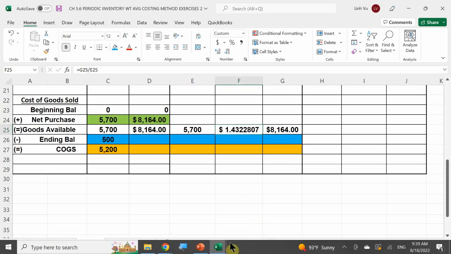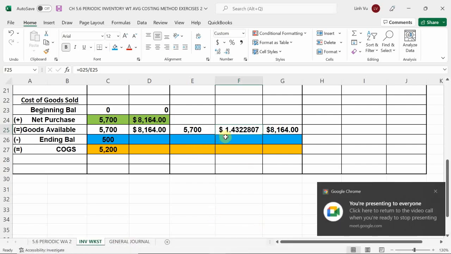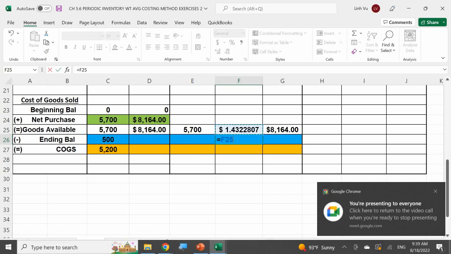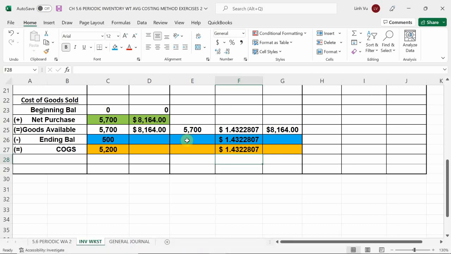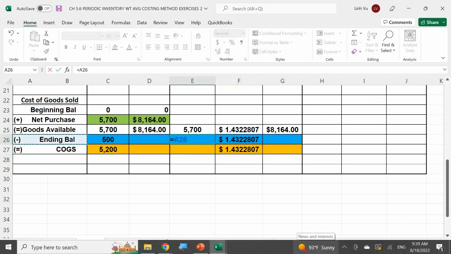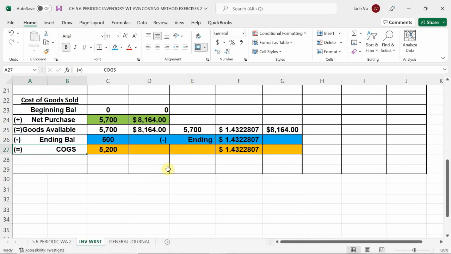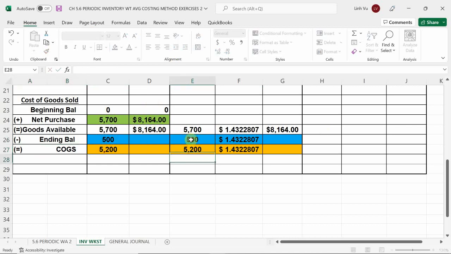Sorry about that, guys. Okay. So we know what our average cost is, right? And we know that for our ending balance, we have 500 units left, and we know that we have sold 5,200 units.